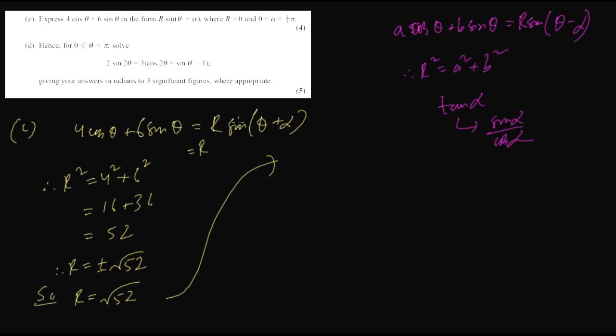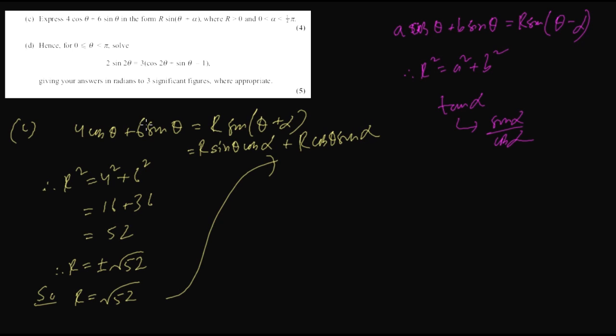So sine a plus b is going to be sine a cos b plus cos a sine b, multiplied by r. So that's how we have to break this down. So now if we compare, we need sine alpha. So for sine alpha we need to compare cos theta left hand side, right hand side.